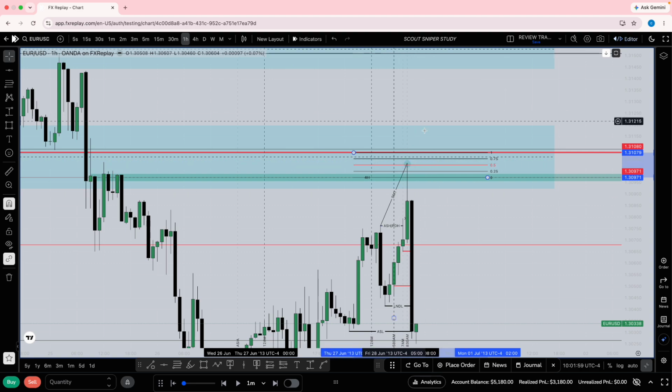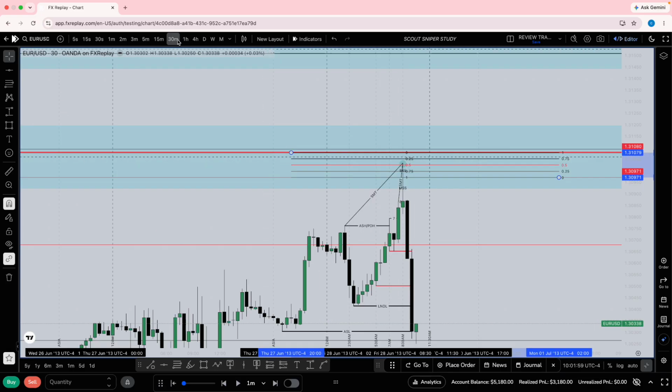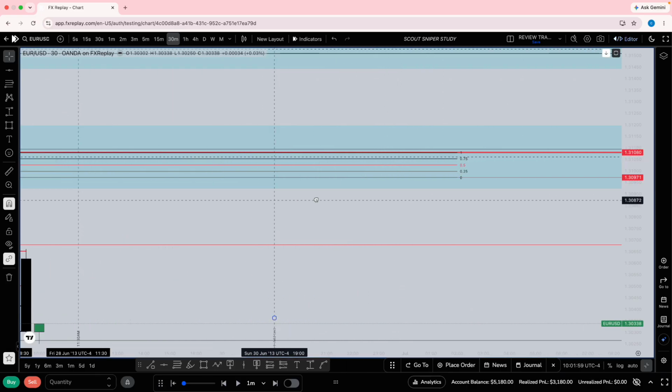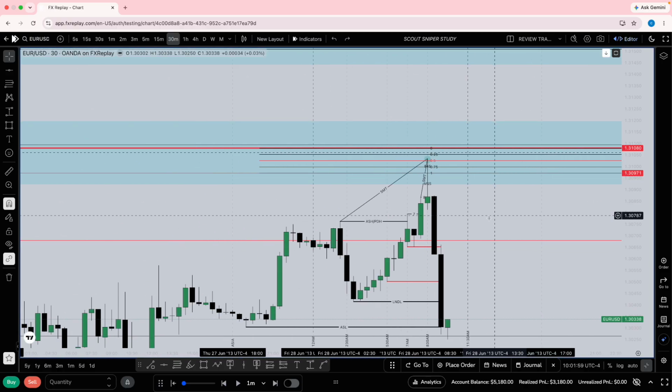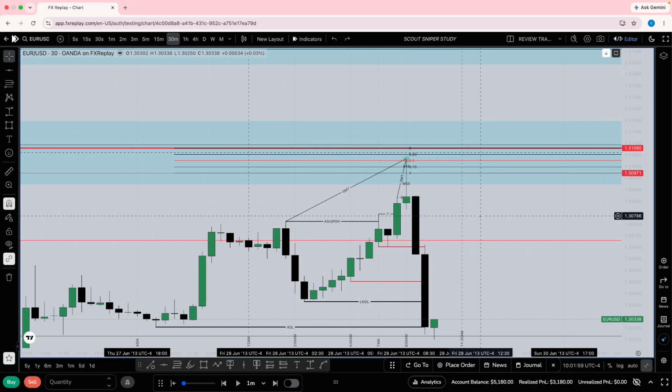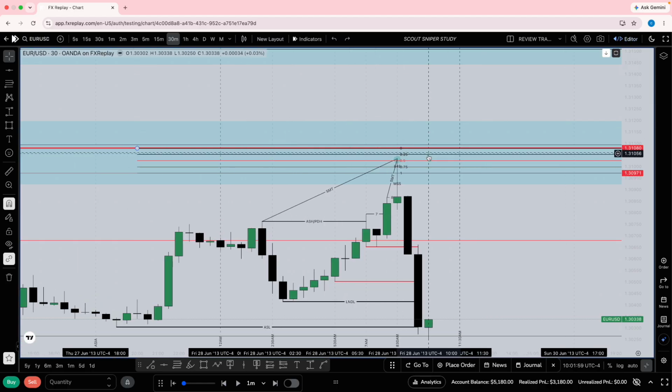So if I drop down to a 30-minute, I like the 30-minute chart because I can see 30-minute cycles of time and liquidity pools. Sorry, Control Z. If we drop to the 30-minute, you'll see something else nice happening around here, right?